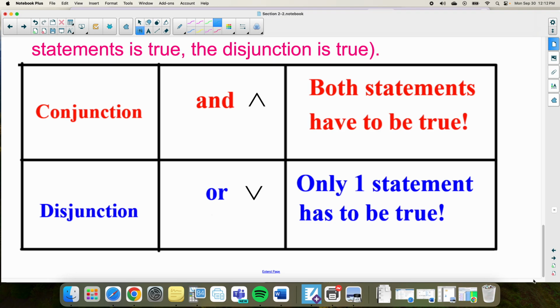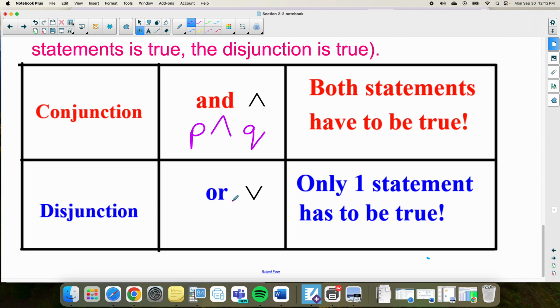Sometimes they'll say write out the statement P and Q. Other times they'll do P, then this symbol, and Q. That symbol stands for and. Later we're going to be talking about disjunctions, which means you have two statements connected with or, and a capital V stands for or.